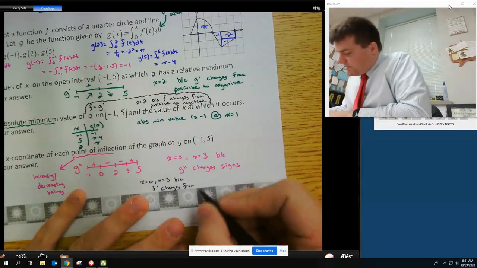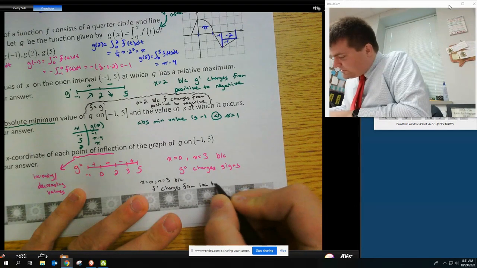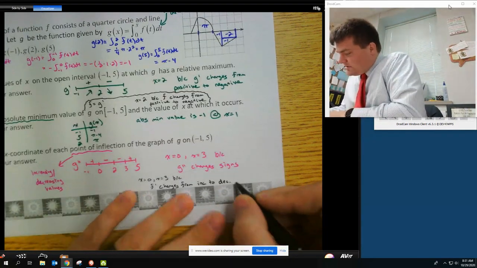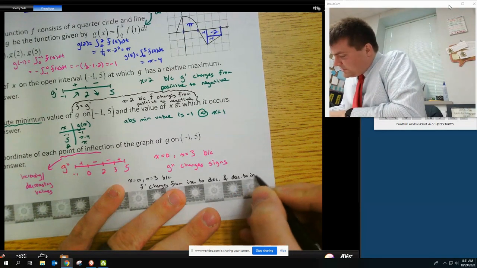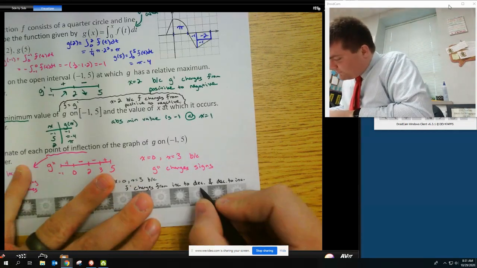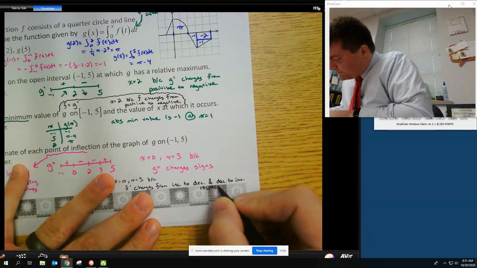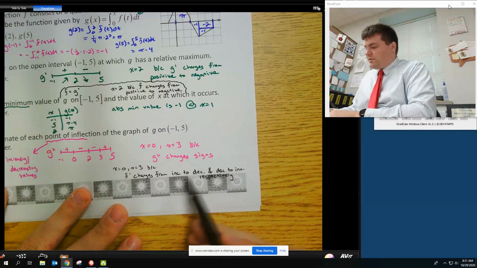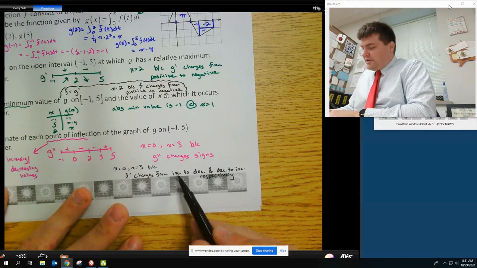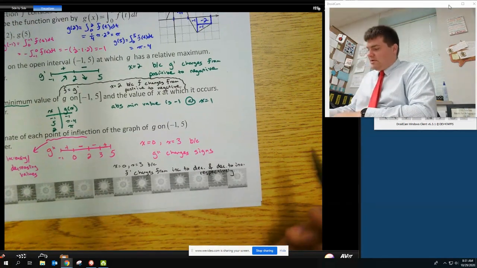So from increasing to decreasing and decreasing to increasing respectively. I don't know if I spelled that right. Respectively just means that we're in the same order, so we're good to go. So 0 was the increasing, decreasing, 3 was the decreasing to increasing.